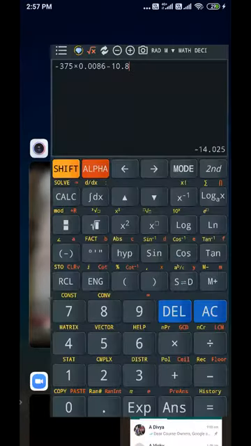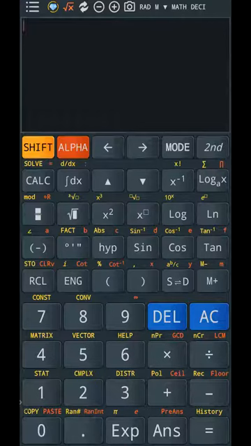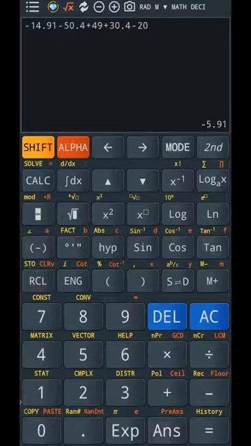So when you put these values here: F1 we have calculated as minus 14.91, minus 50.4 minus 15.4 plus F2. F2 we have entered as 49 plus 30.4 plus F3. F3 we have entered as minus 20, plus 9.2 plus F4.